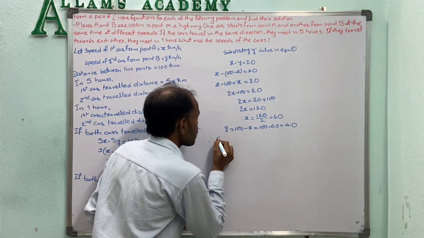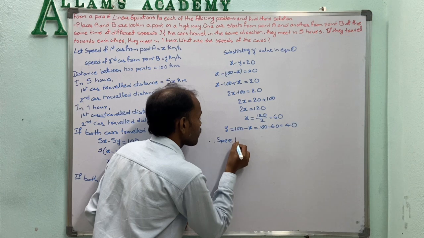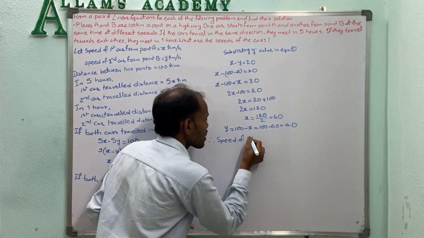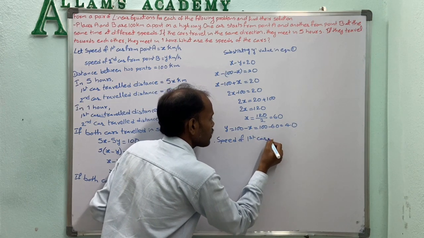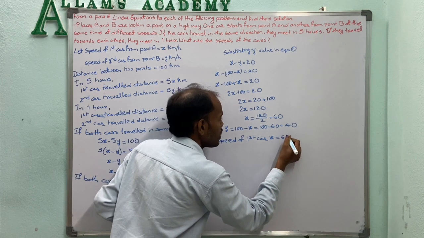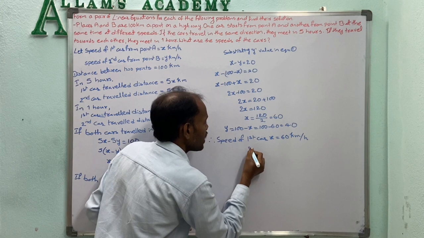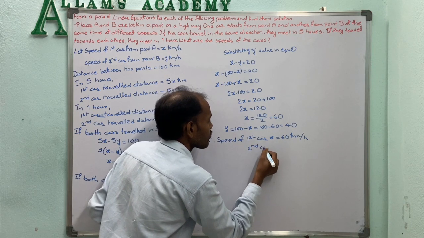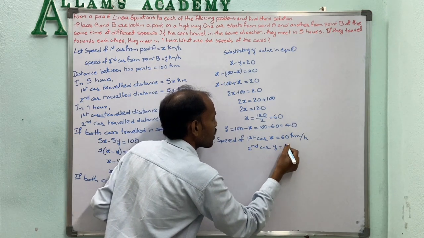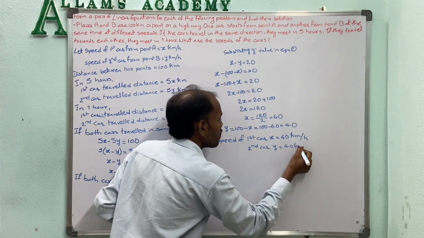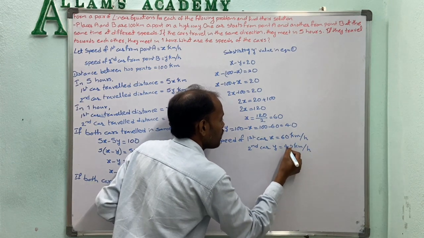Therefore, speed of the first car x equals 60 kilometers per hour. Speed of the second car y equals 40 kilometers per hour.